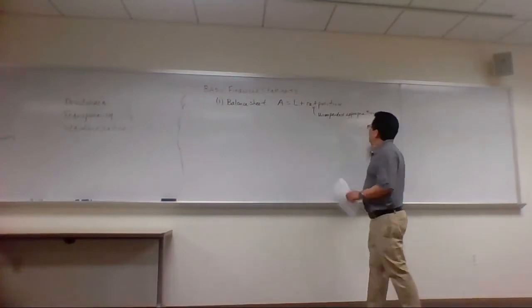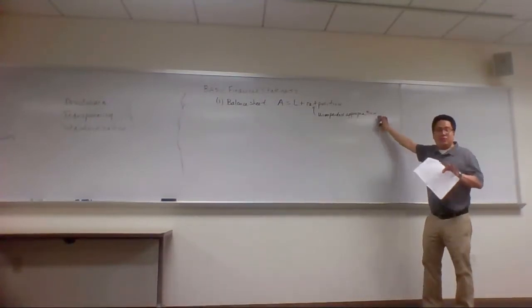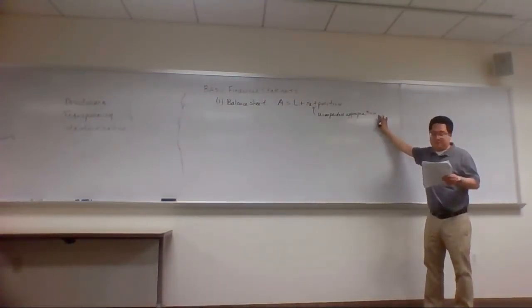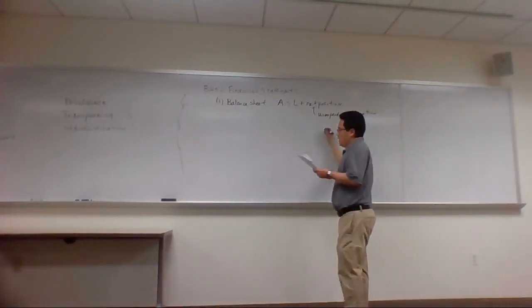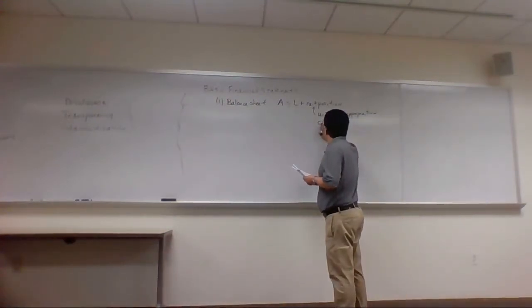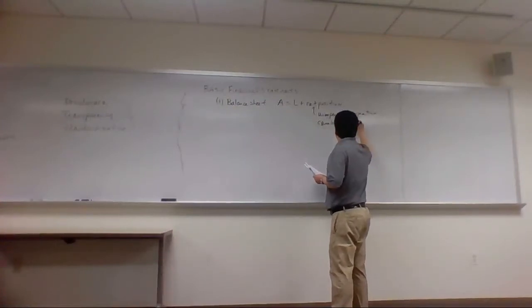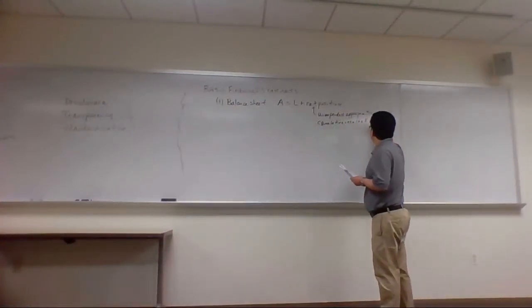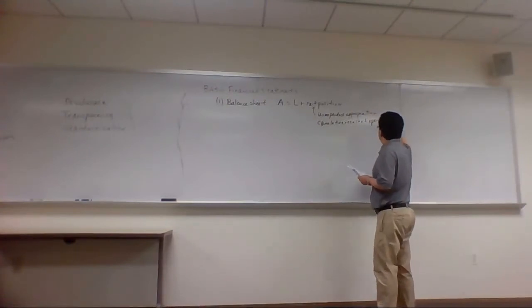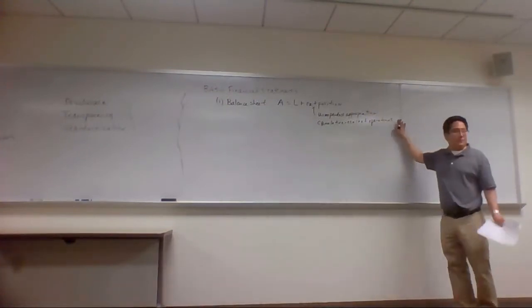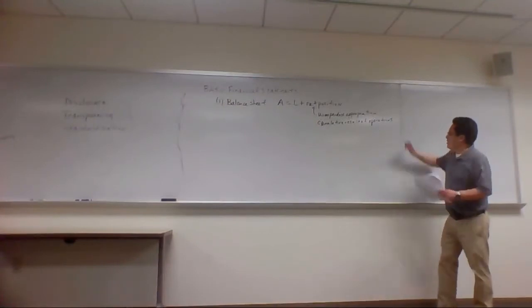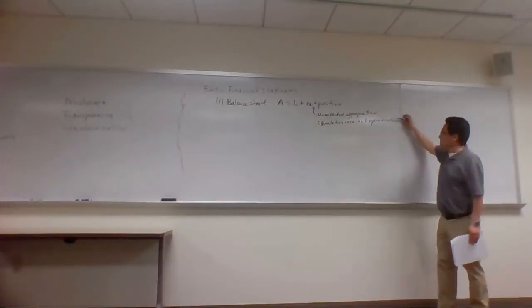Unexpended appropriation is money that is essentially reserved or restricted in nature. Then you also have cumulative result of operations, which is like unrestricted. So for net position, this is restricted, unrestricted.